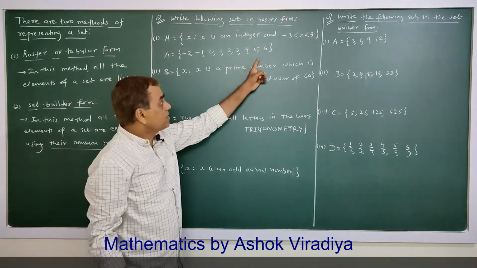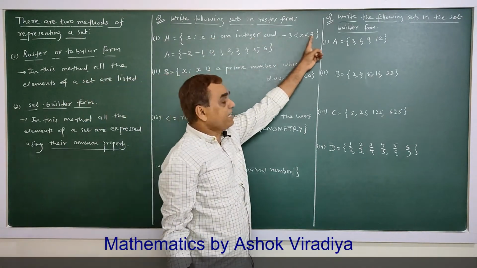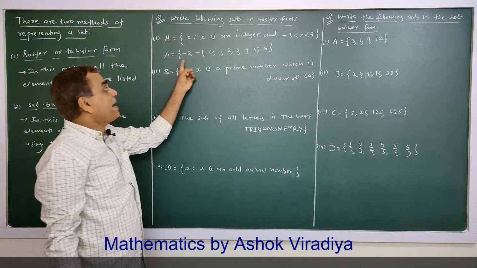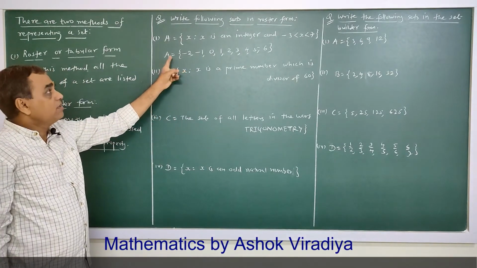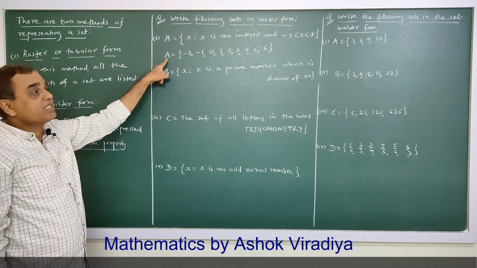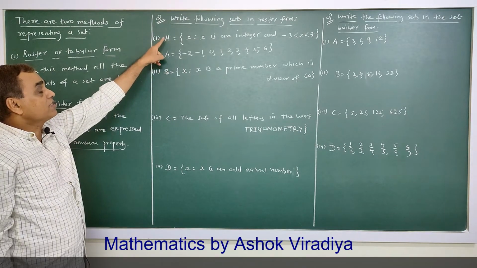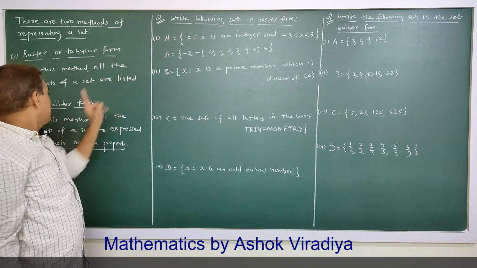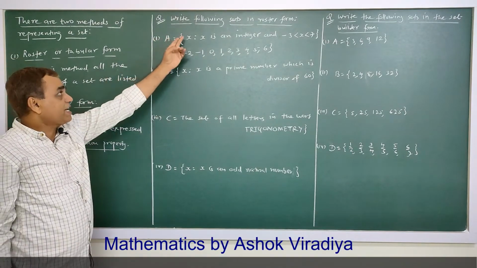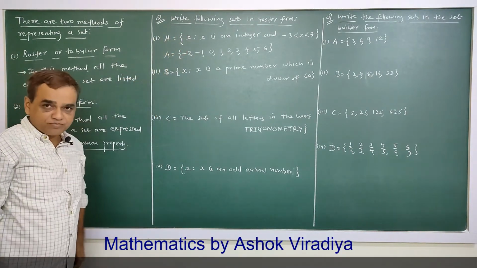So these numbers satisfy this property. So this is the list of elements. So this set is expressed in roster form, and what was given was set builder form.